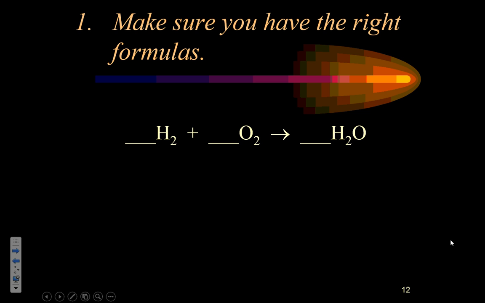Which brings up something I want you to understand before we really get into true balancing here. When we're balancing equations, we're putting in these numbers and getting things equal on both sides. And students start to develop the feel that what they're really doing is making up numbers to make things equal. Well, you're not really making up numbers. What you're actually doing is discovering the quantities that actually exist in the real world.